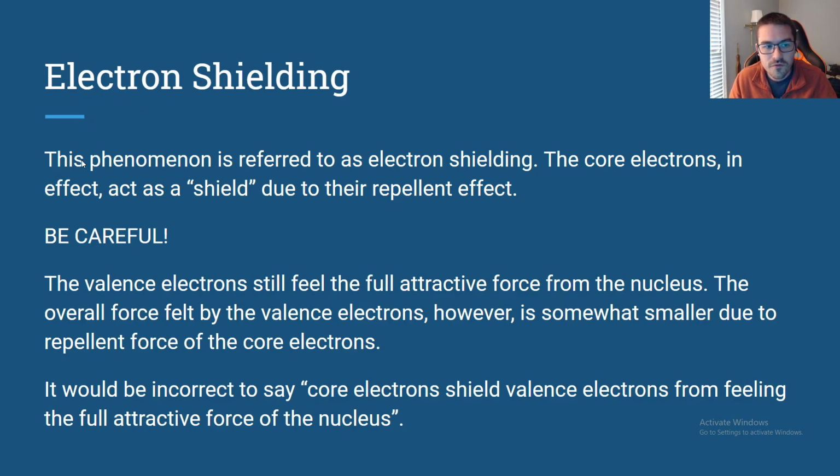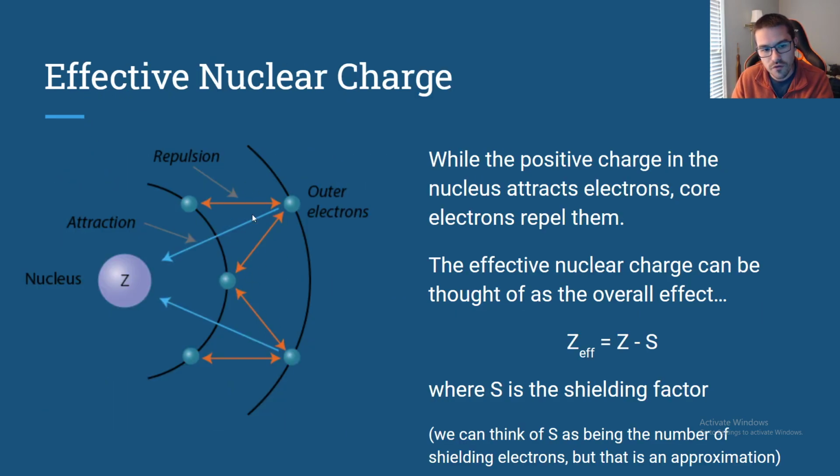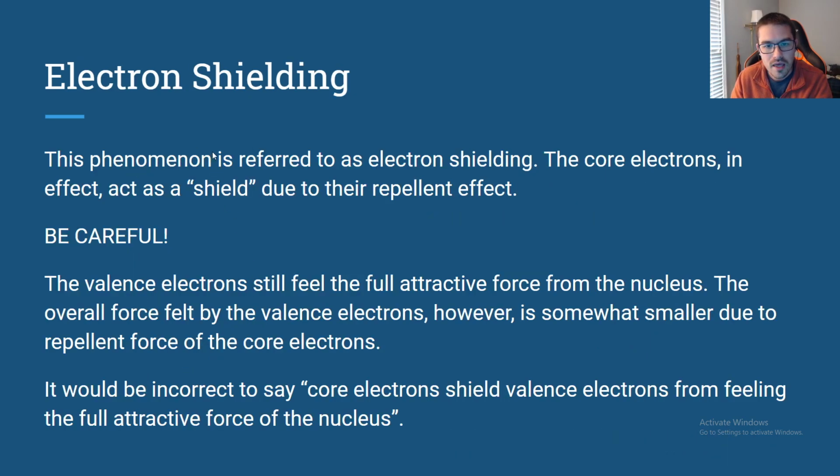So this phenomenon that I've just described, the repellent effects of these core electrons, is sometimes referred to as electron shielding. The core electrons, in effect, act as a shield due to their repellent effect.